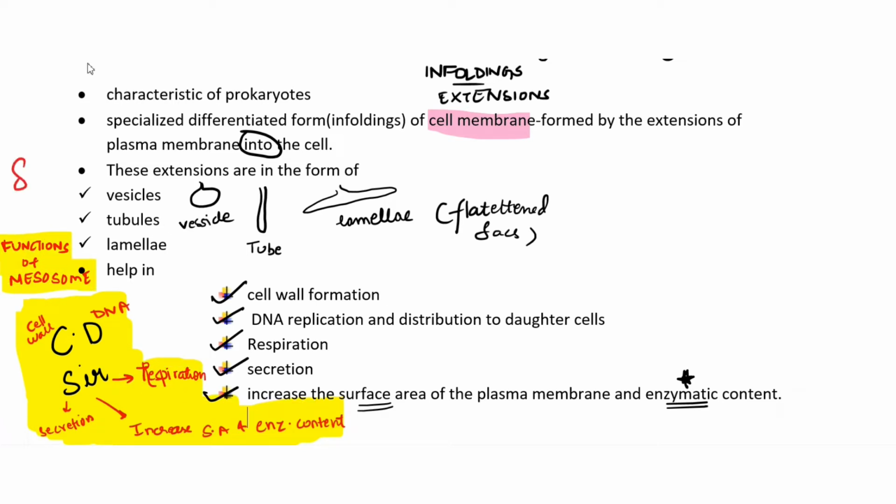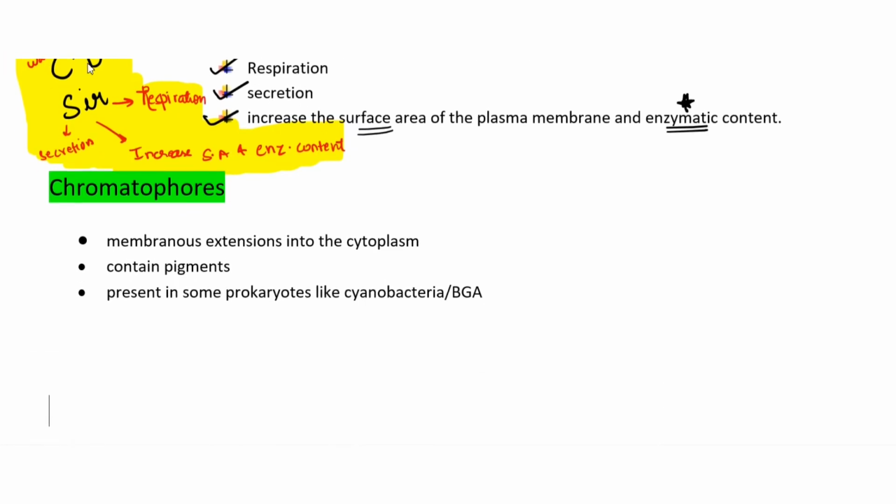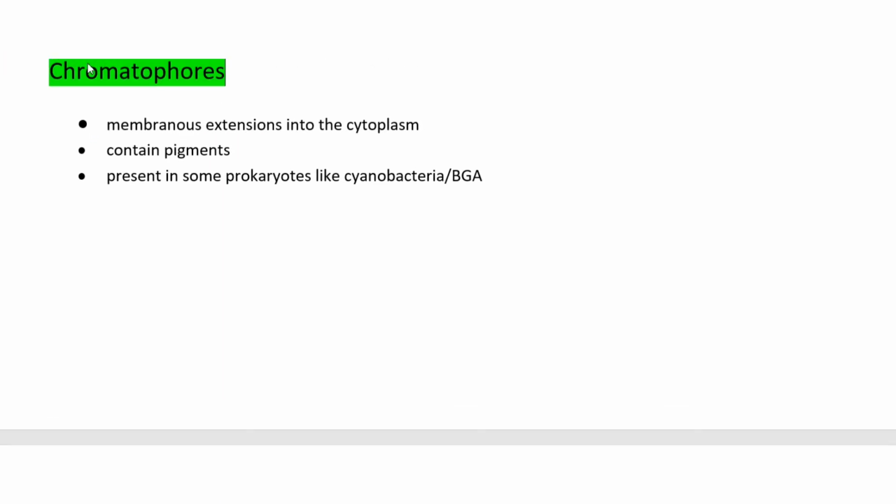All right. Now we talk about structures called chromatophores present in prokaryotic cells. So break the word and derive the meaning. Chroma means color and phores is something like extensions or sacs.